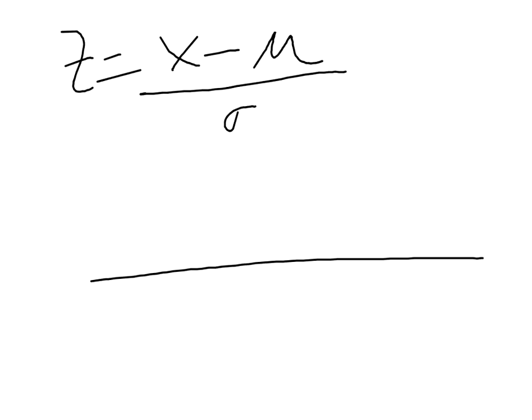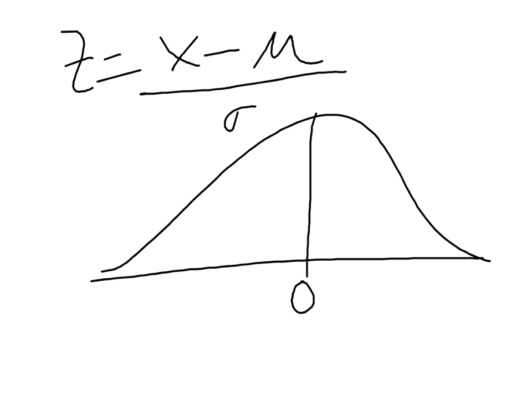So when we have a z-value of 0, if our x is the mean, and we subtract the mean from the mean and divide by the standard deviation, we get 0 on top, and so the z-value is 0.